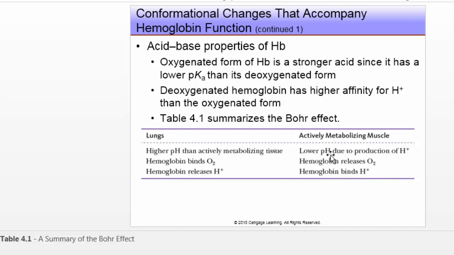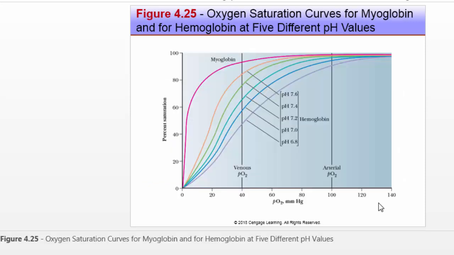This has higher affinity for H plus, and it binds H plus. Now this figure shows you the oxygen saturation curves for myoglobin and hemoglobin at different pH values. Notice here, as the pH decreases, the curve shifts to the right and becomes more sigmoidal.